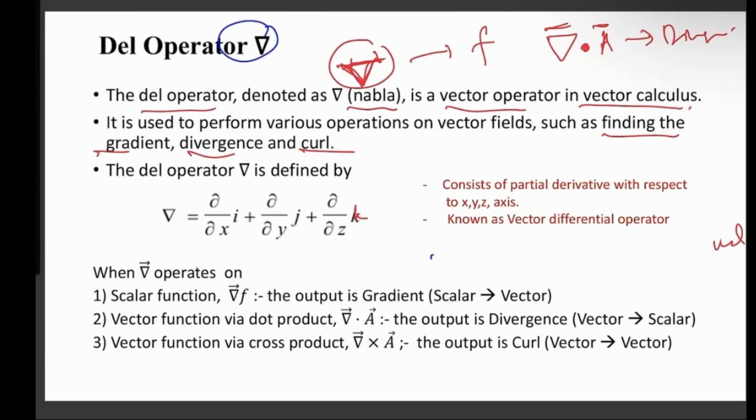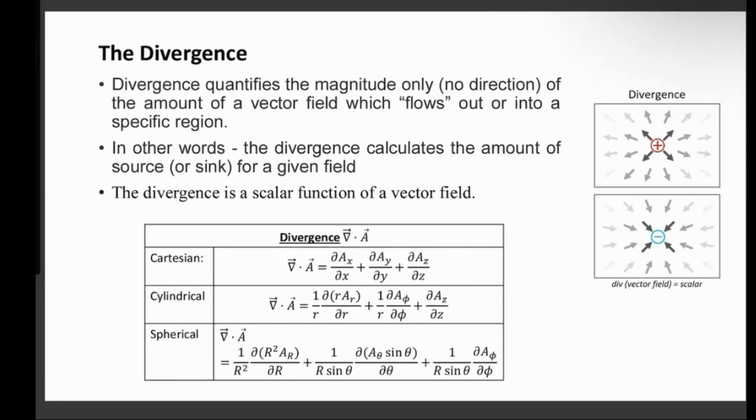Divergence is when the del operator operates on a vector function via dot product. Our del dot vector, the output will be divergence, and it is a scalar.